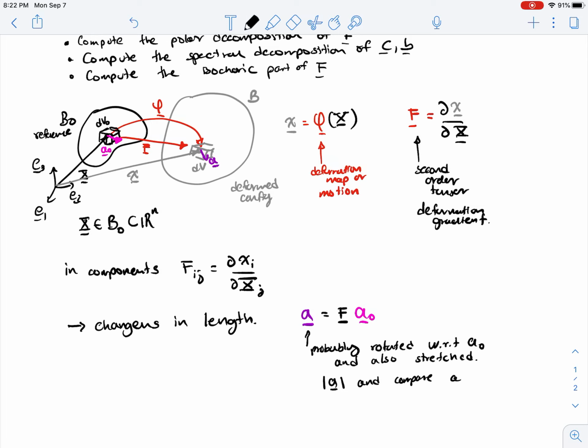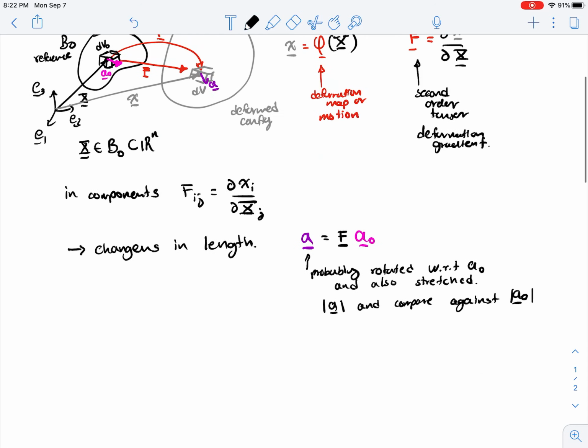So we could calculate this, and we can compare against the length of the original vector A naught. So that's one of the things that we can do with the deformation gradient, changes in length.